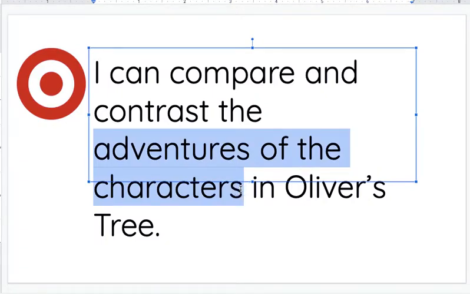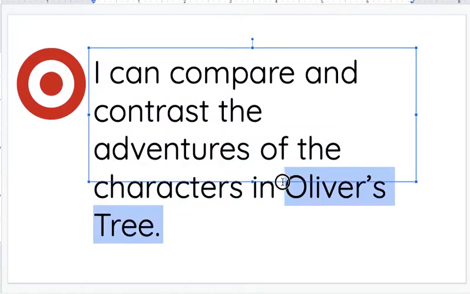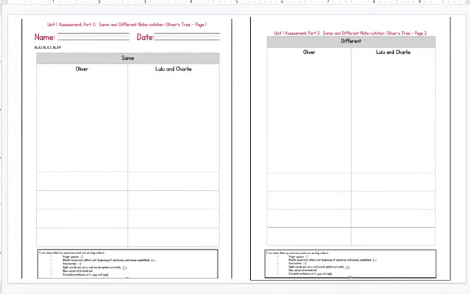That means the things that the characters do, the adventures they go on, the places they go to, the feelings they have. So we're going to be thinking about how their adventures are the same and different in our story, Oliver's Tree.